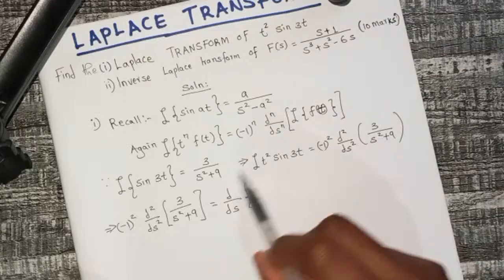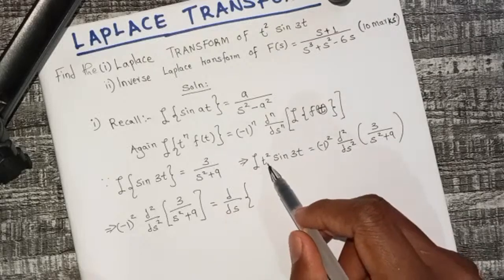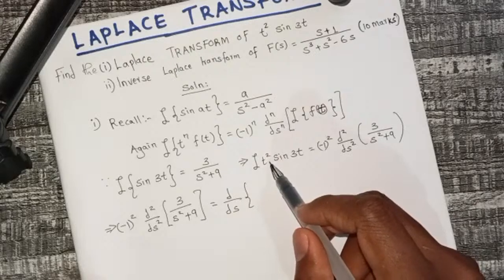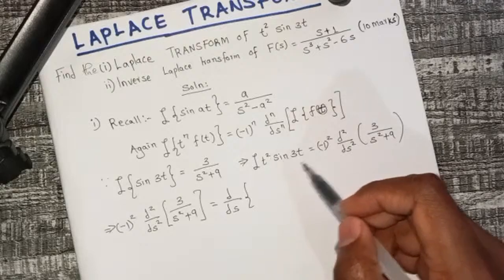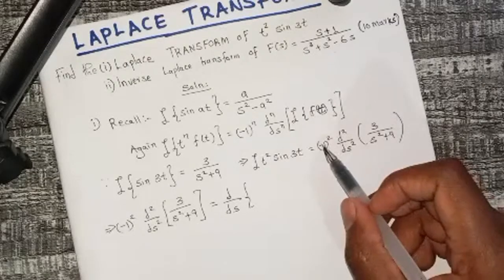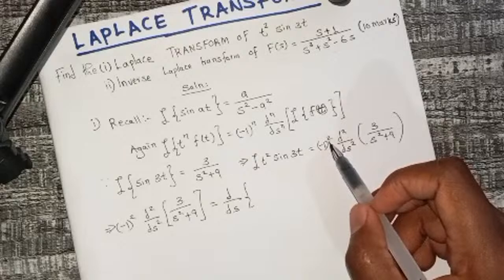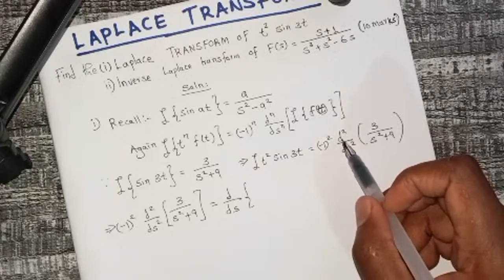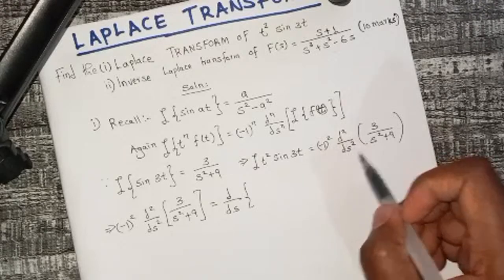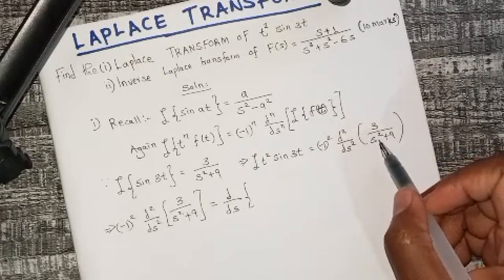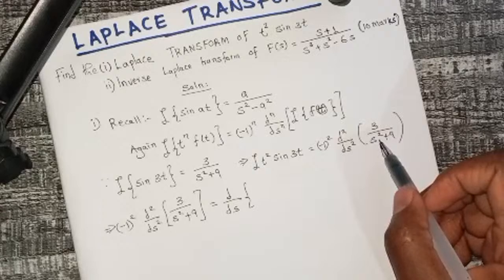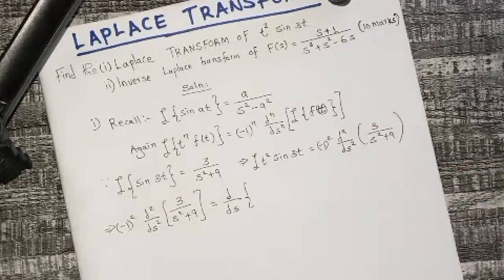Then applying the second formula, the Laplace transform of t squared sine 3t is negative 1 to the power of 2, the second derivative with respect to s of 3 divided by s squared plus 9.